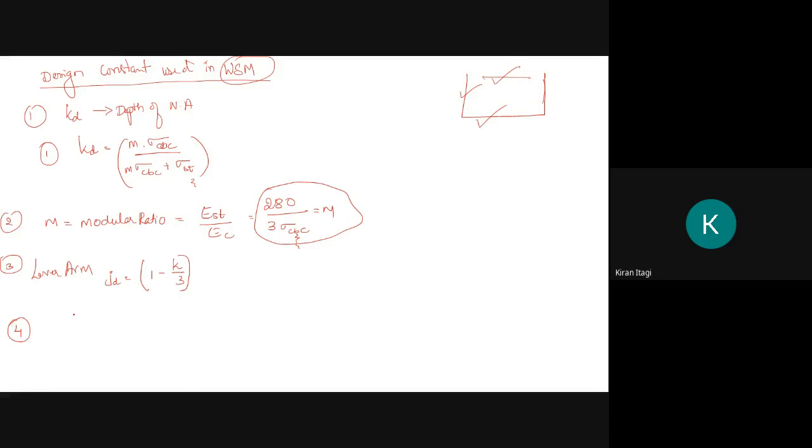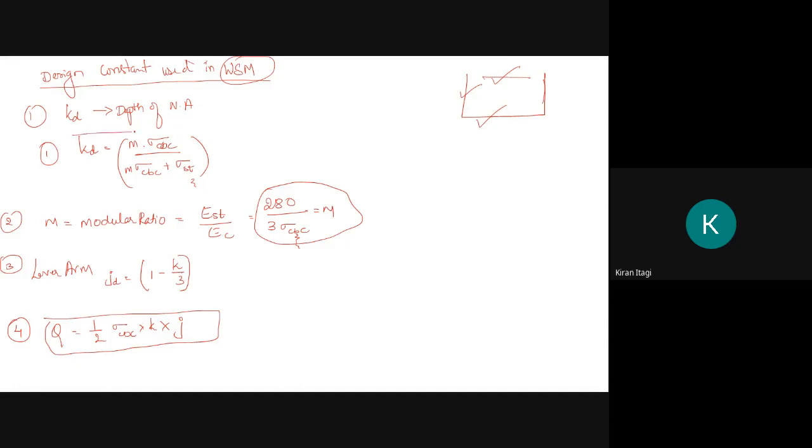The last design constant is Q, which equals half into sigma CBC multiplied by K multiplied by J. Q is the moment of resistance factor, the moment resisting factor.